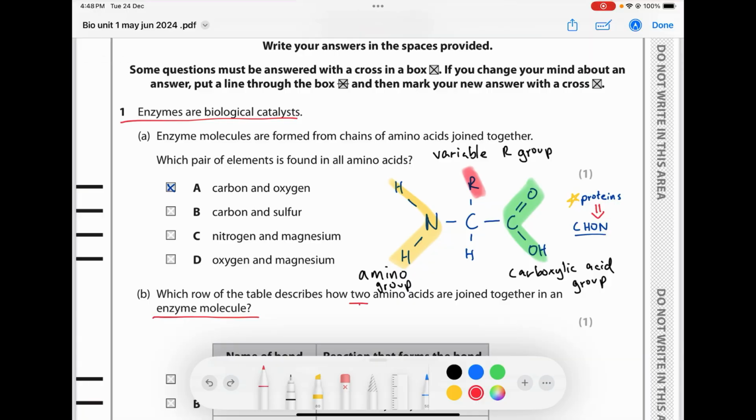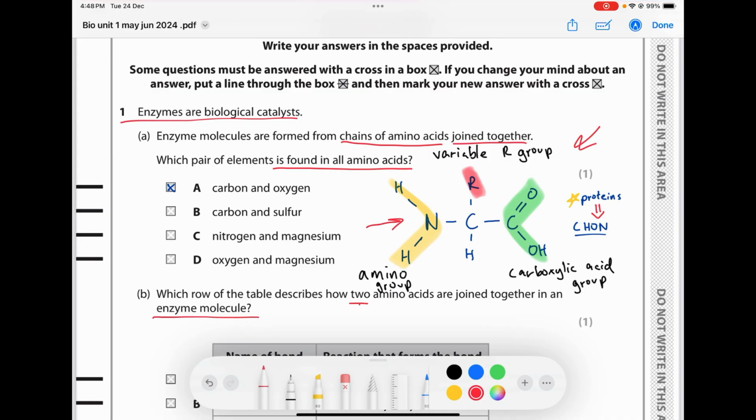Question 1: enzymes are biological catalysts. Enzyme molecules are formed from chains of amino acids joined together. Which pair of elements is found in all amino acids? Over here, as you can see, I have drawn a small diagram of the molecule.